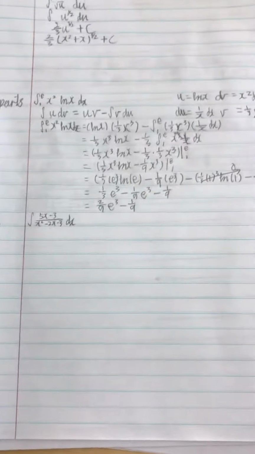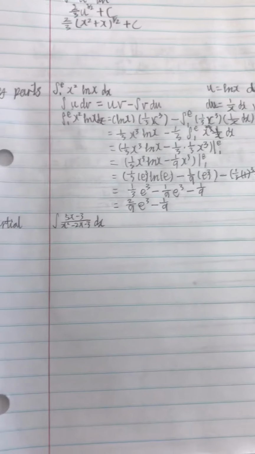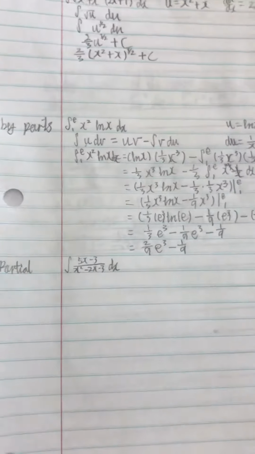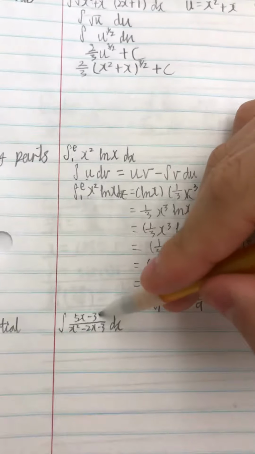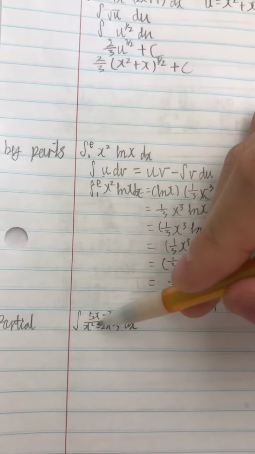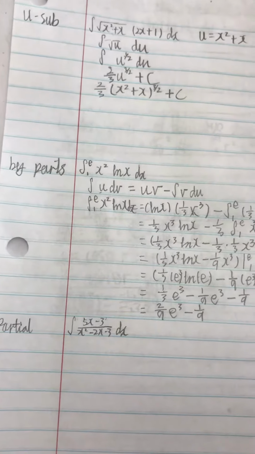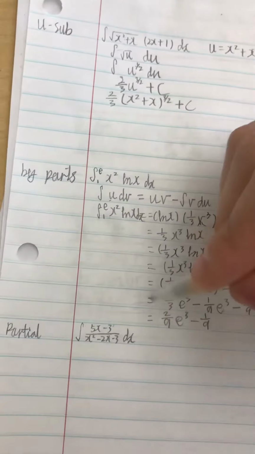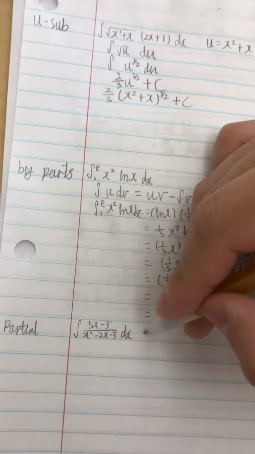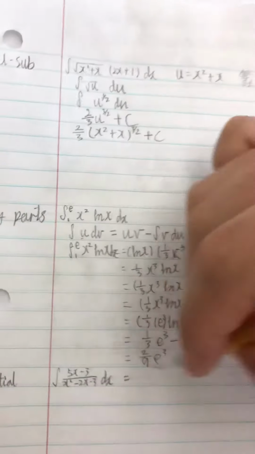So now that's the last part, integration by parts. And we have the integral of 5x minus 3 over x squared minus 2x minus 3 dx. First of all, we want to find out how we can rearrange this a little bit.